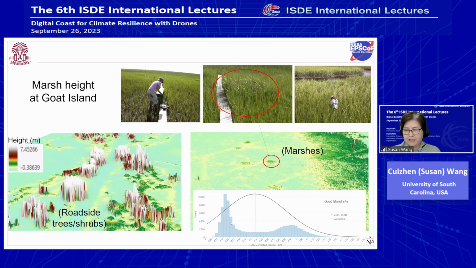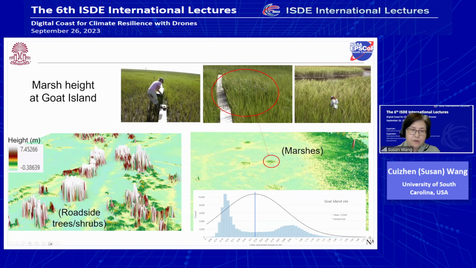From the drone LiDAR it is only about 20 centimeters high. And for the low marsh field, the drone LiDAR height is about 1 meter. If you have good experience on the coast, you probably know it's actually underestimating. It should be taller than this, and that's also clearly shown here.